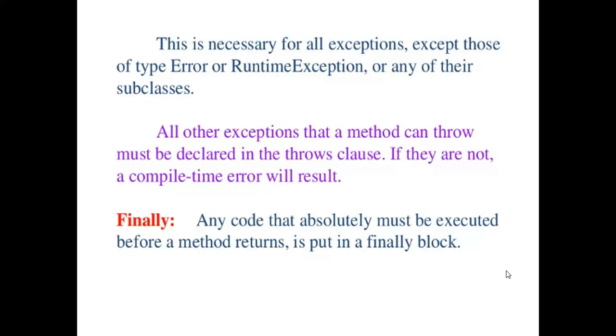All the exceptions that a method can throw must be declared in the throws clause. If they are not, a compile time error will result. Finally, any code that absolutely must be executed before a method returns is put into a finally block.